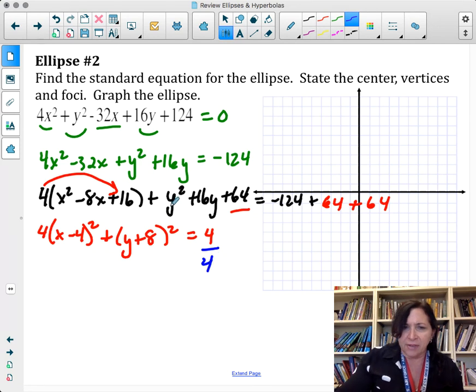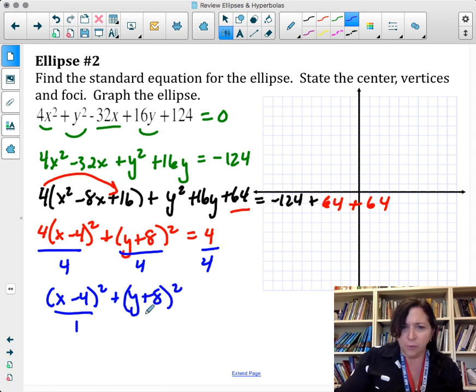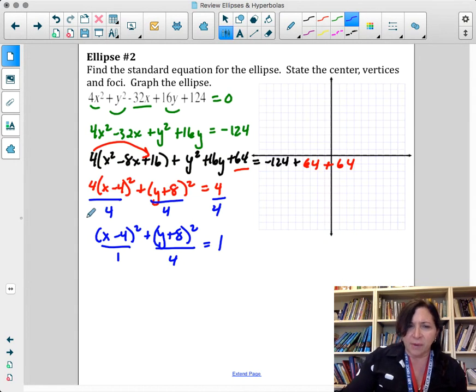So I'm going to divide everything by 4. I get the quantity x minus 4, quantity squared, over 1, plus y plus 8, quantity squared, over 4, is equal to 1. And so this is my equation of my ellipse in standard form.